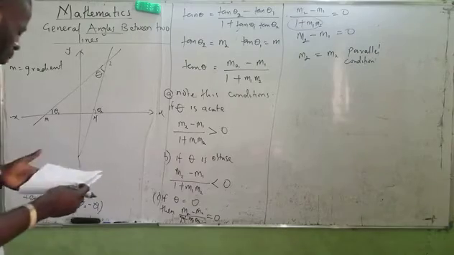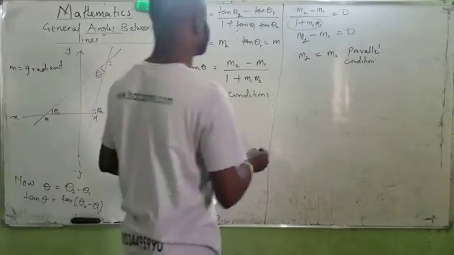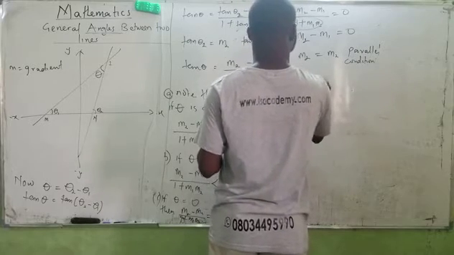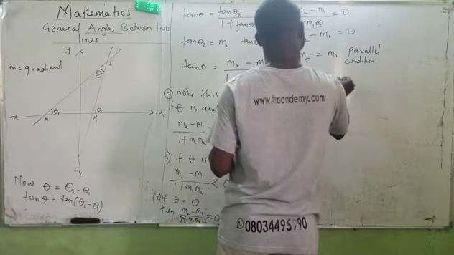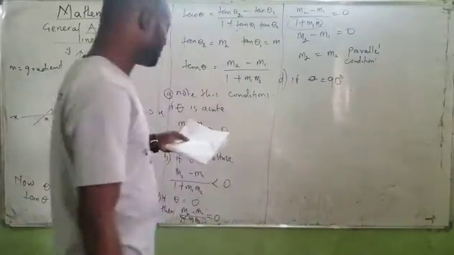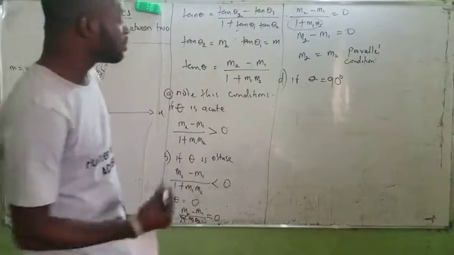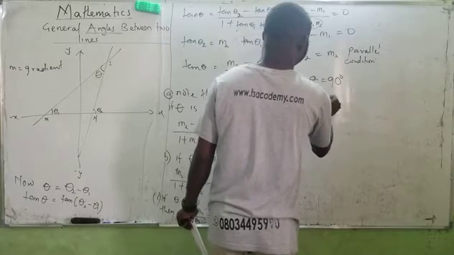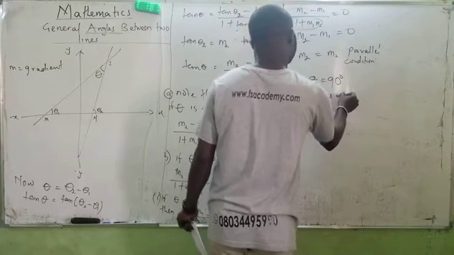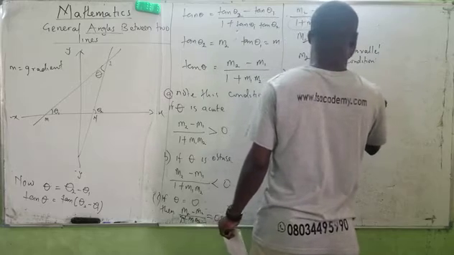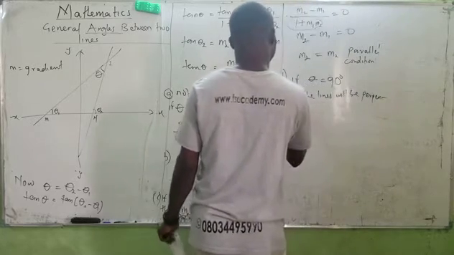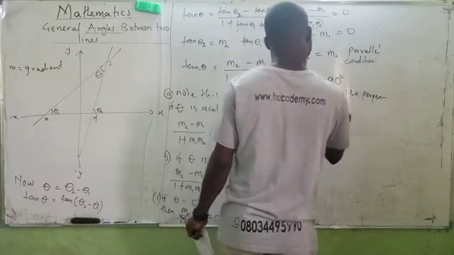Now, the next thing I want us to know is condition D. If theta equals 90 degrees, then the lines will be perpendicular to each other.